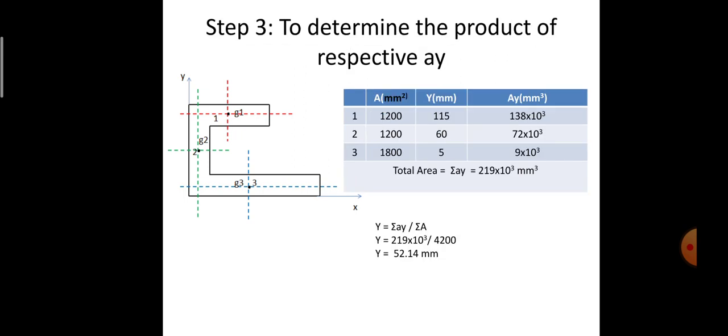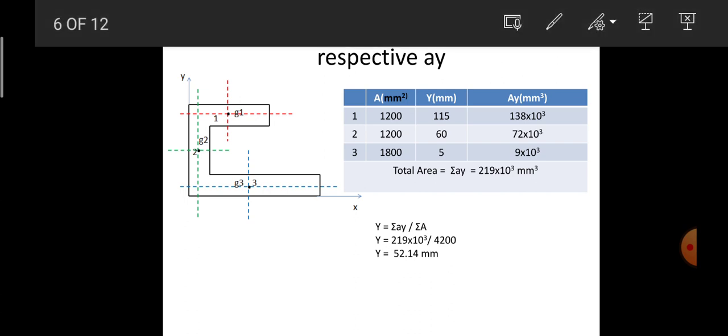So next coming on to determination of product of AY. So here I need to determine the product of AY in order to compute the overall centroidal distance in the vertical direction, that is Y, capital Y, for the overall channel section. So I know the values of the respective rectangles which we have computed in the previous slide.